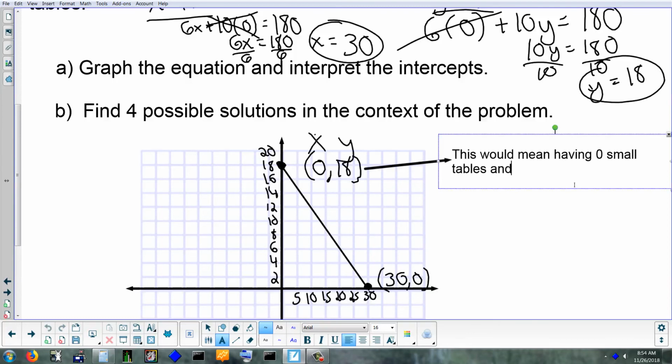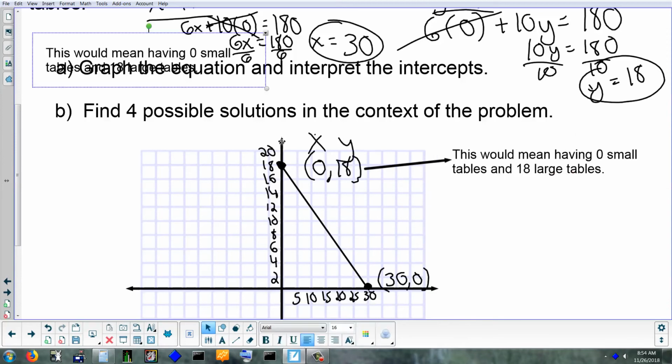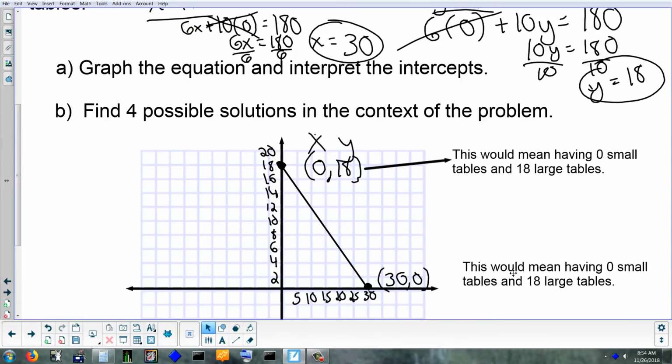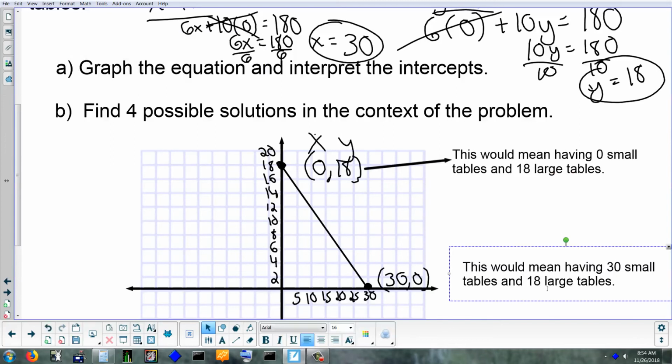So you could have 0 small tables and what? 18 large. Now what about this one? 30 small, 0 large. Good. Like Donovan and Nicole just said, you could have 30 small, 0 large.